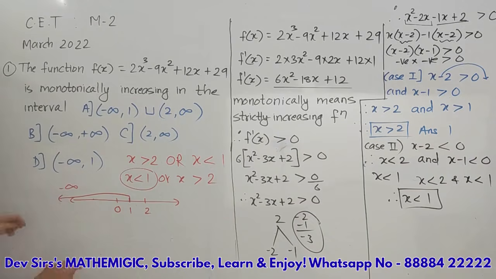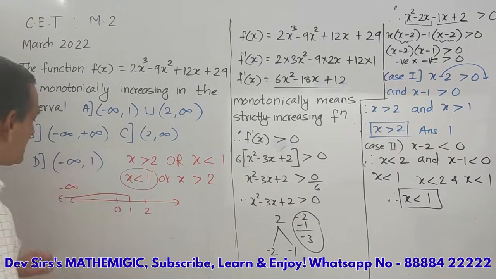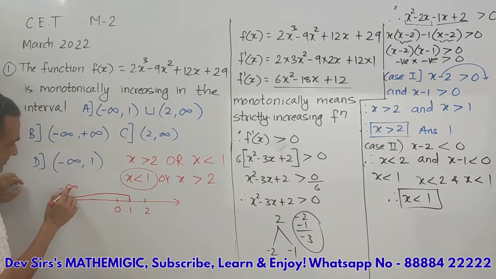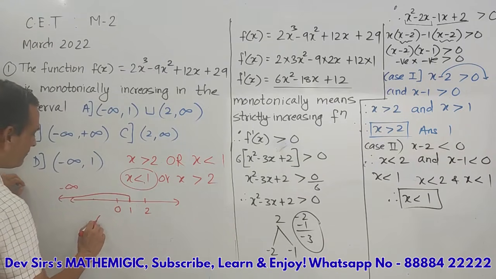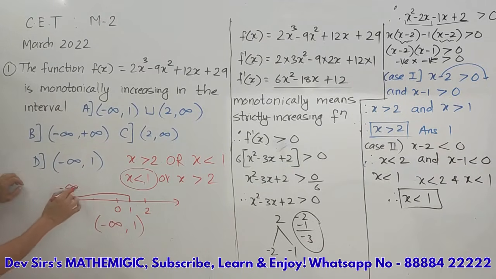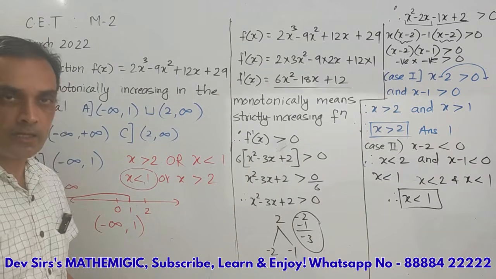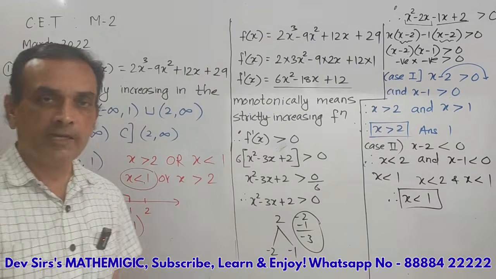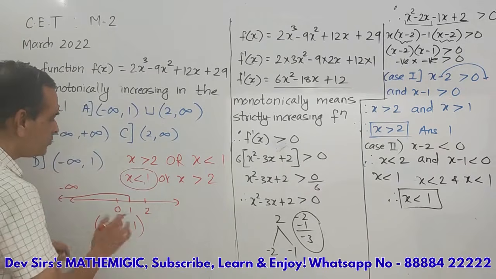So x less than 1 in terms of interval, कहाँ से कहाँ तक है? माइनस इन्फिनिटी से लेकर 1 तक. ओके, सो मीनिंग ऑफ दिस इन टर्म्स ऑफ इंटरवल इज फ्रॉम माइनस इन्फिनिटी टू 1, यहां से लेकर यहां तक. बराबर. इन सेट्स में 9 स्टैंडर्ड, 11 स्टैंडर्ड, 12 स्टैंडर्ड, बेसिक थिंग, or means union of two sets.